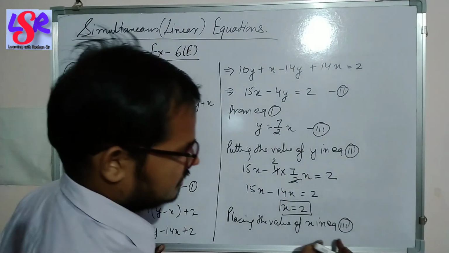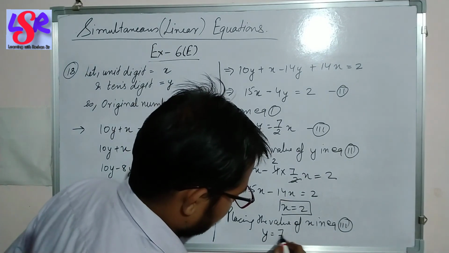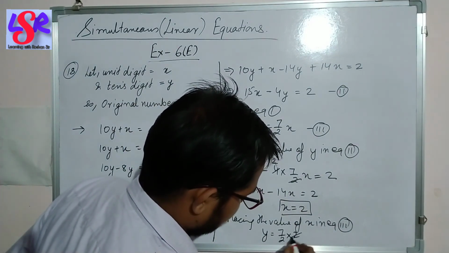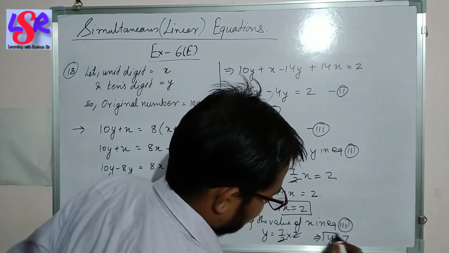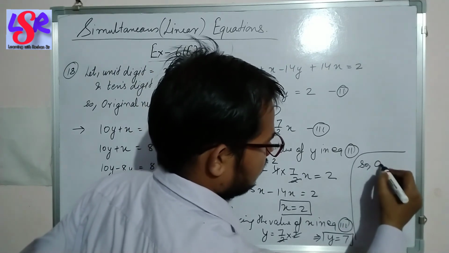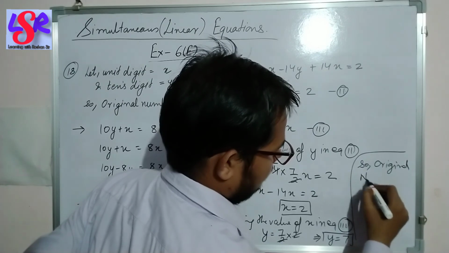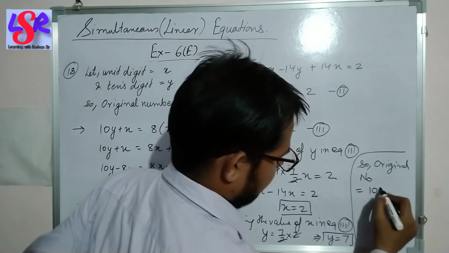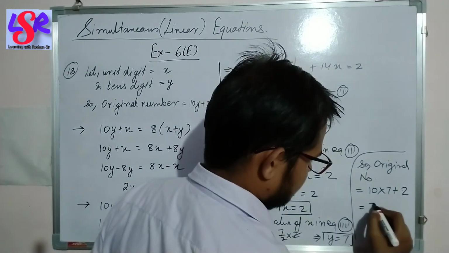Here, on placing the value of x in equation number 3, we get y equals 7 upon 2 into 2. It is cancelled out, and here we get y equals 7. So the original number equals 10 into 7 plus 2, that is 72 as the answer.